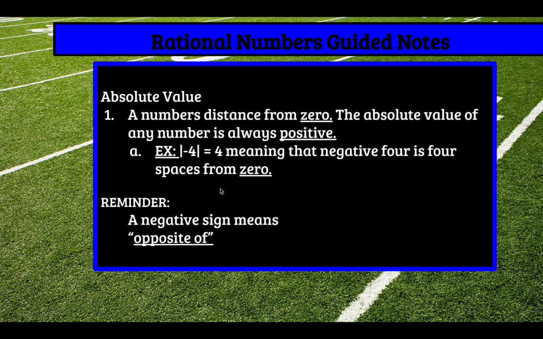Same thing, the absolute value of +4 is still 4 because it's 4 spaces away from 0. Just a reminder, whenever you see a negative sign, that just means opposite of. So absolute value is how far away it is from 0. -4 is opposite of +4, and they're both 4 spaces away from 0.